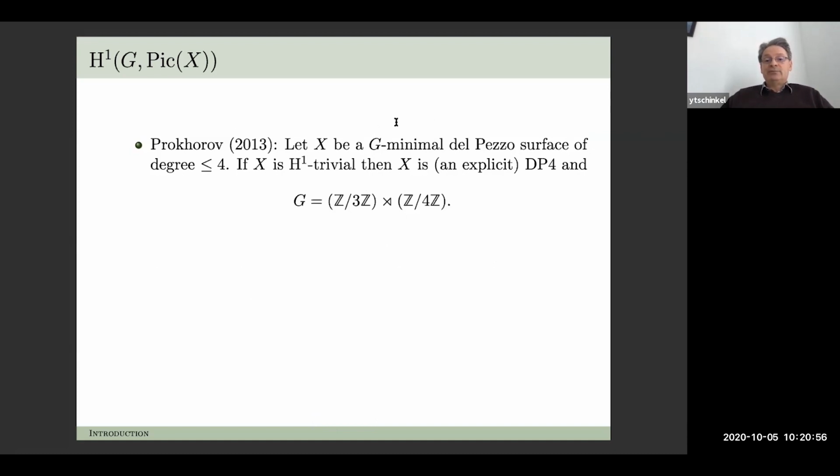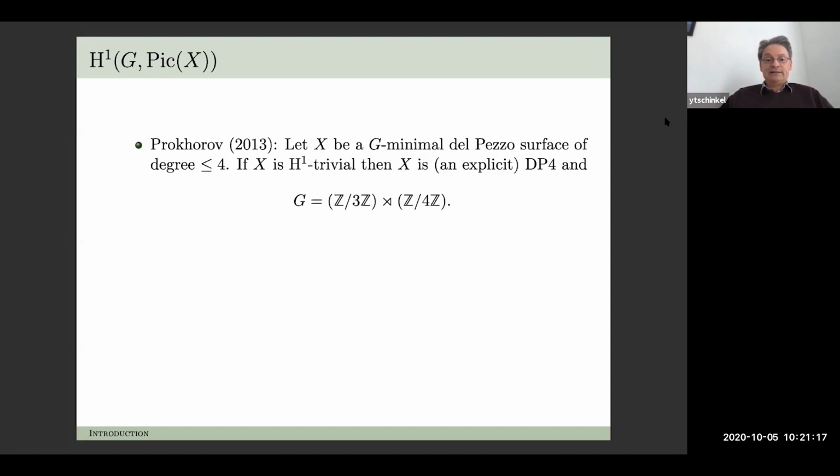So one can try to understand H^1-trivial surfaces, del Pezzo surfaces, for example. Well, there is the condition of G-minimality that's relevant. In other words, you can't blow down any G-orbits of curves.